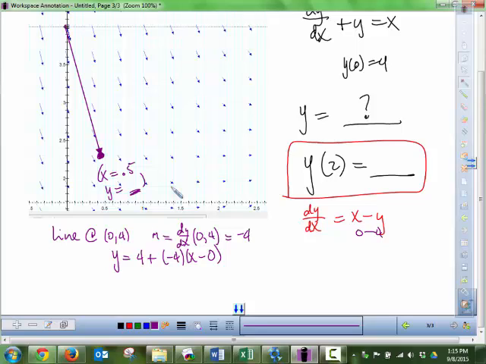What's my y value? How did you get 2? Plug it into the equation of this line, right? So this is this line right here.